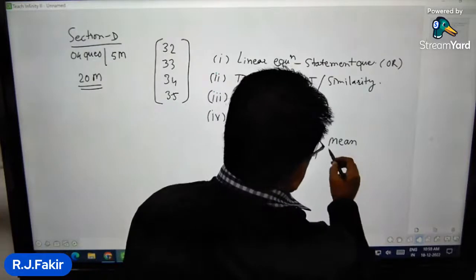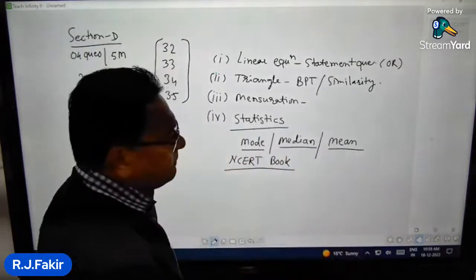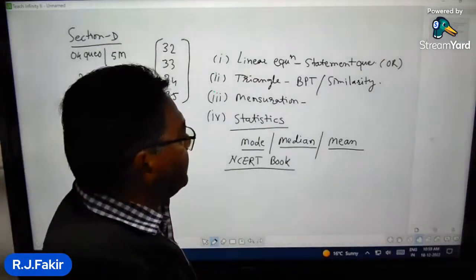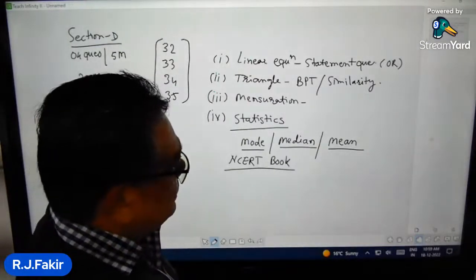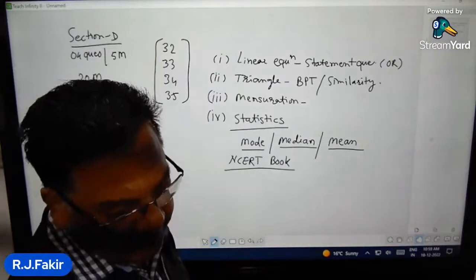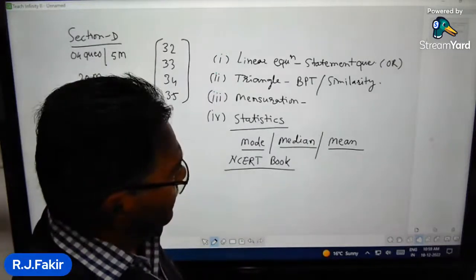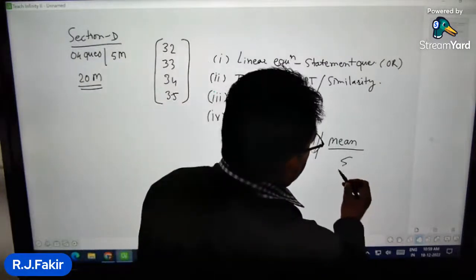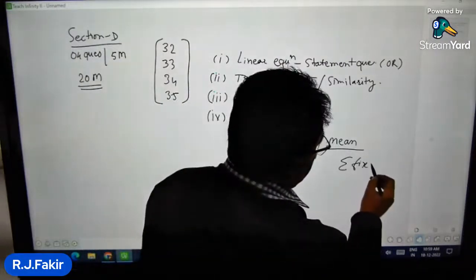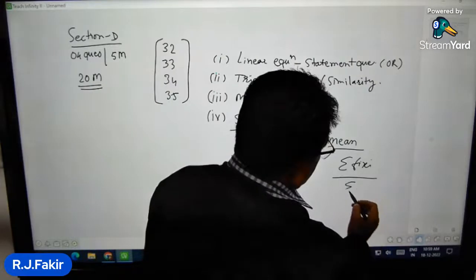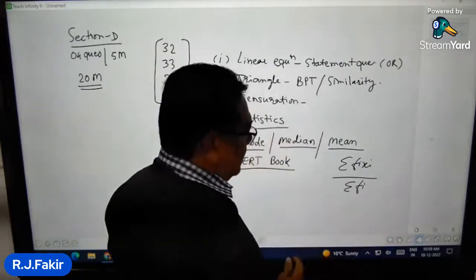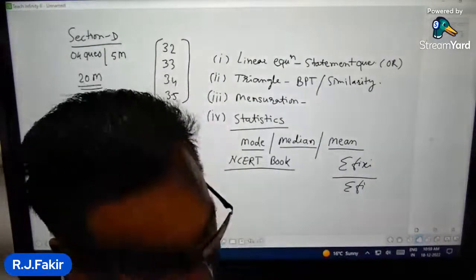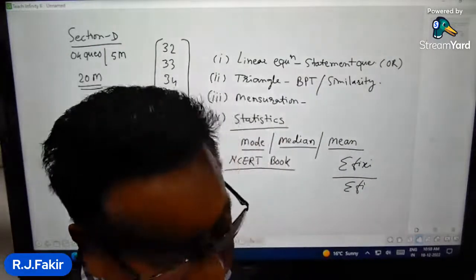In case of mean, if nothing is mentioned about the method, you can use any method. That is your choice. Generally, the simple one is sum of fi xi upon sum of fi. Or if somebody is comfortable with assumed mean or step deviation, you can use that also.